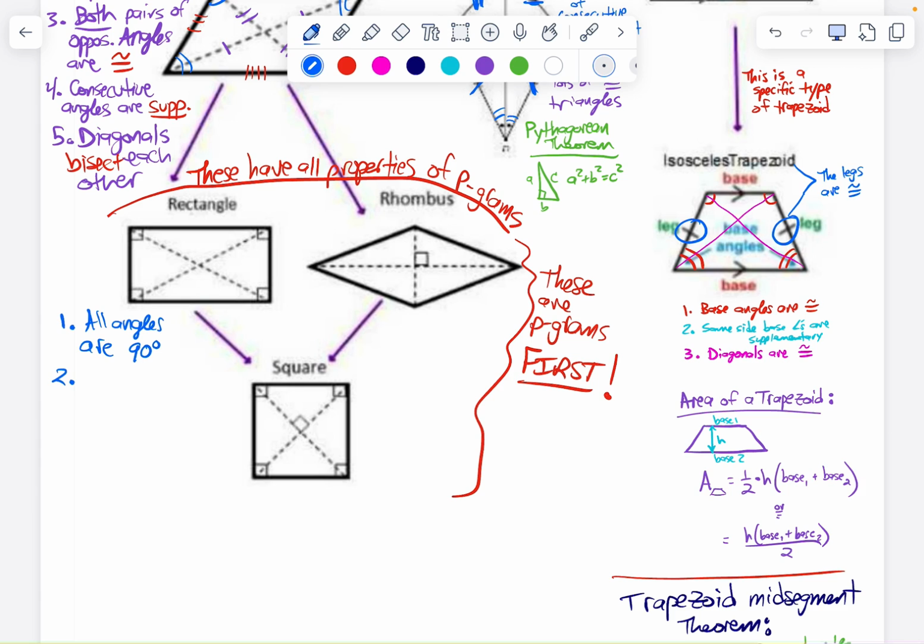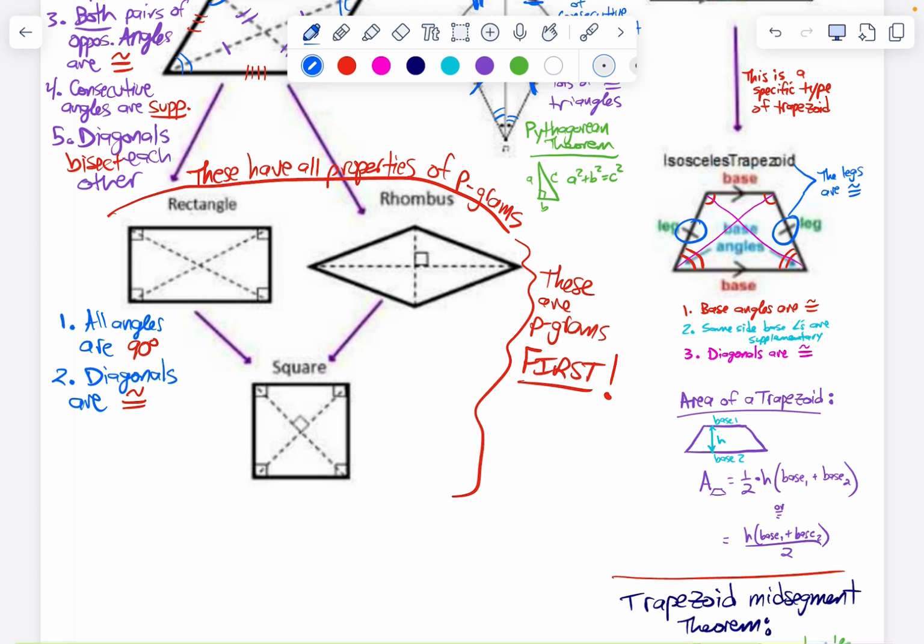Yeah, these ones are congruent. So we didn't add too much, but that's important stuff. It is important to recognize that the diagonals are congruent and bisected now, and that all the angles are 90.